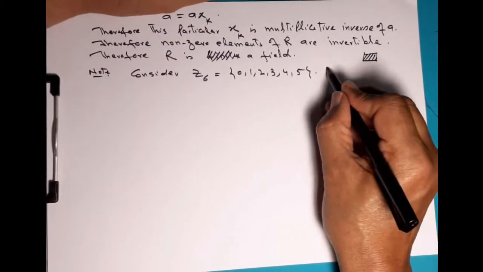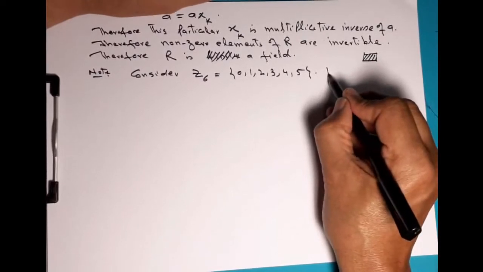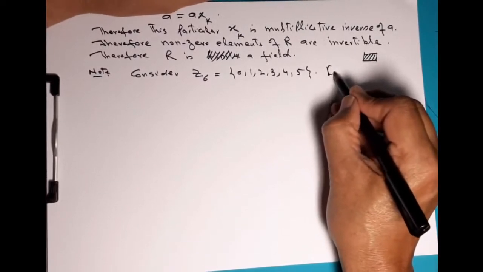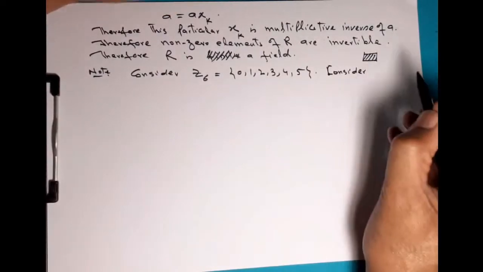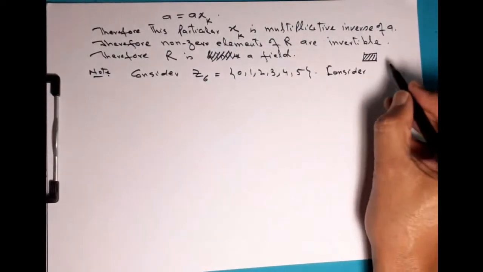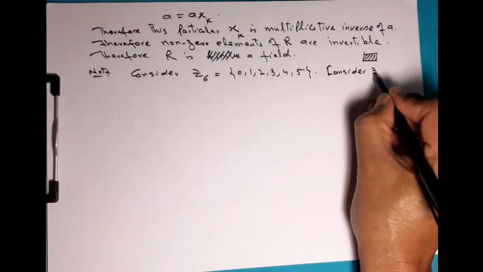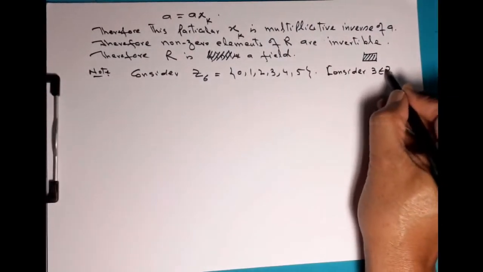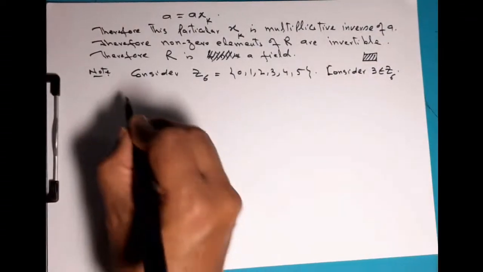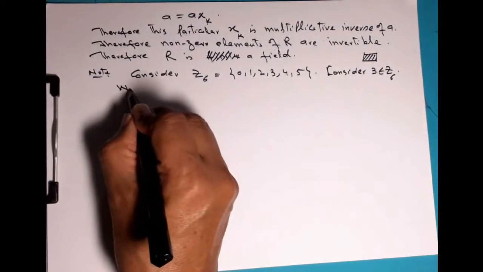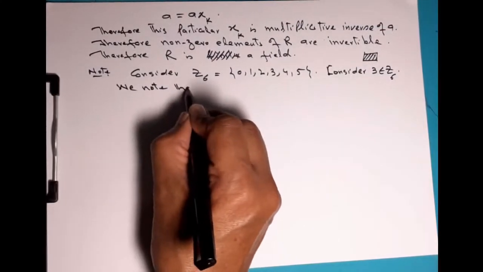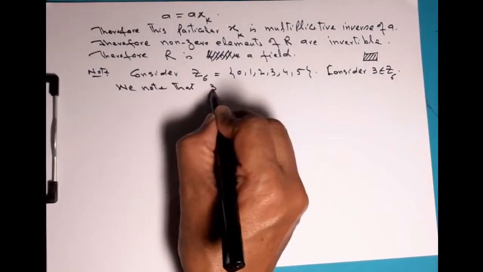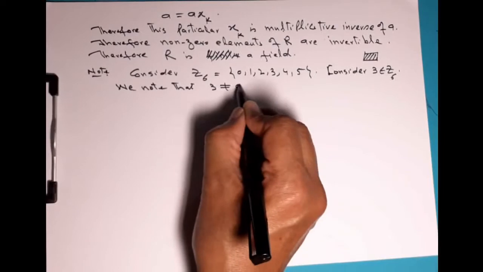Let's take a non-zero element of Z6, let's say 3 belonging to Z6. We note that 3 is not equal to 0.